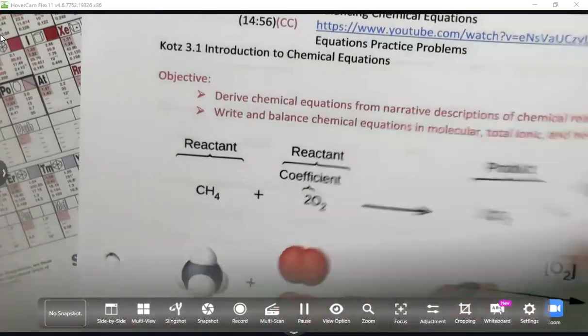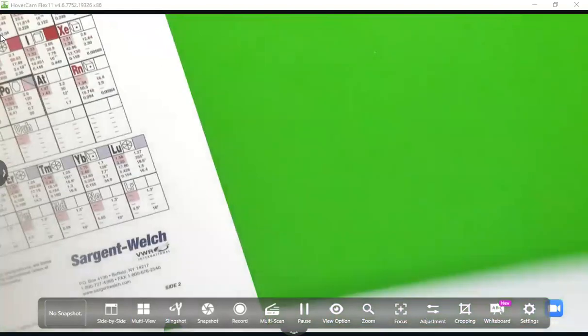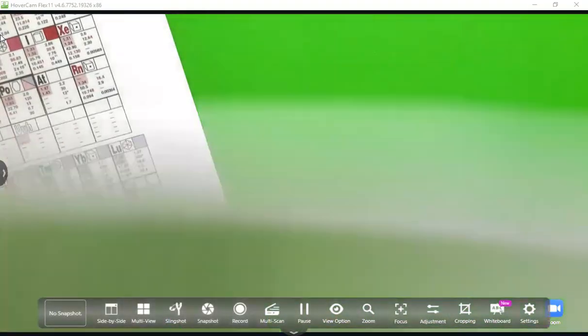Okay, now let's talk the language so you understand the language we are talking about. So now I'm going back to page 3.